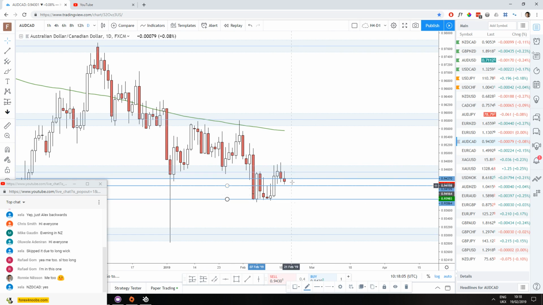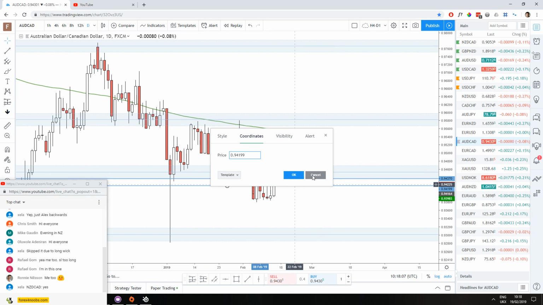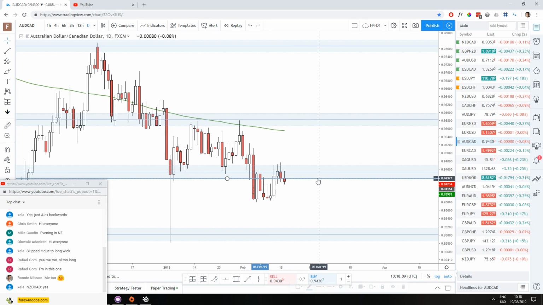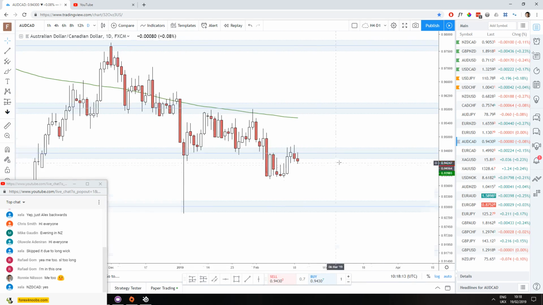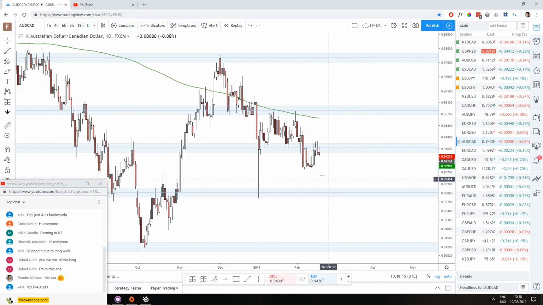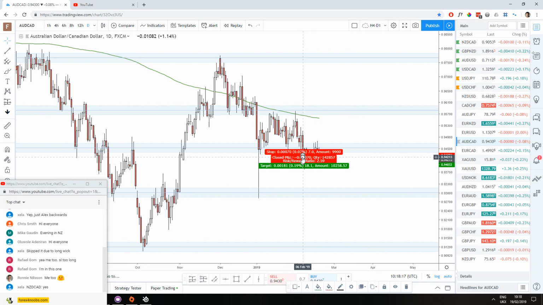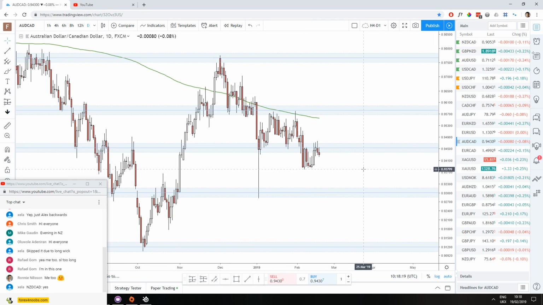AUD-CAD. What the hell's going on? Right. AUD-CAD. Short continuation happening right now. Very messy one though.